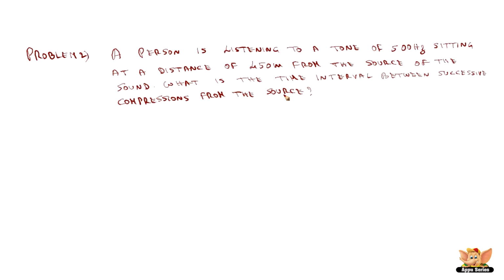The person is listening at a distance of 450 meters. Does that distance have anything to do with the time interval between successive compressions from the source? It doesn't. Because the time interval between successive compressions from the source is nothing but the time period, which totally depends on the frequency.